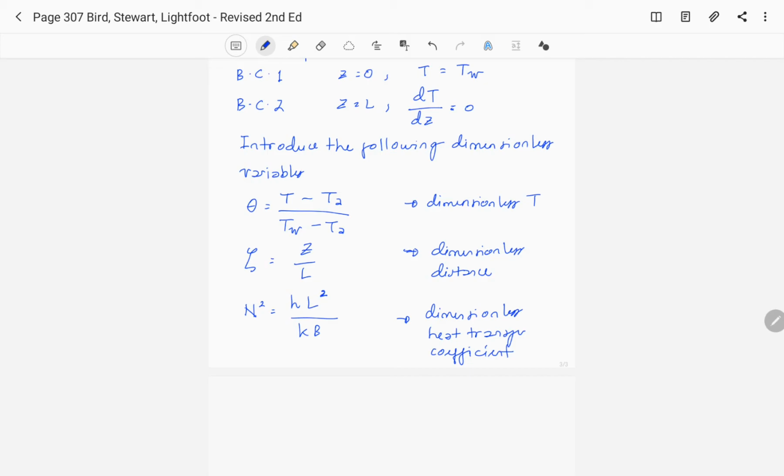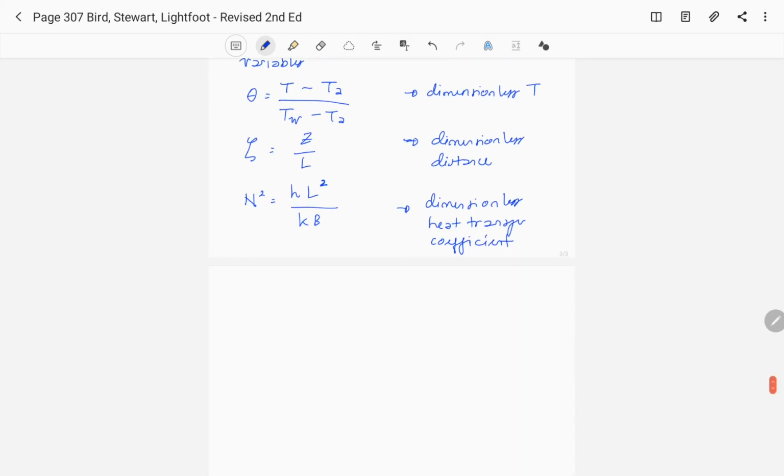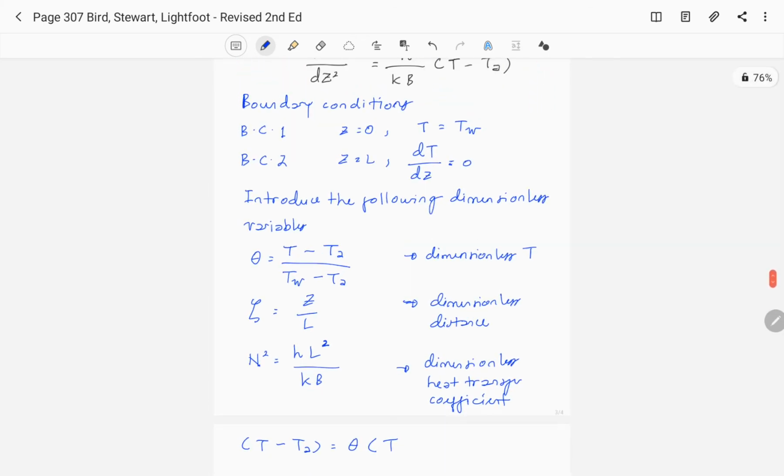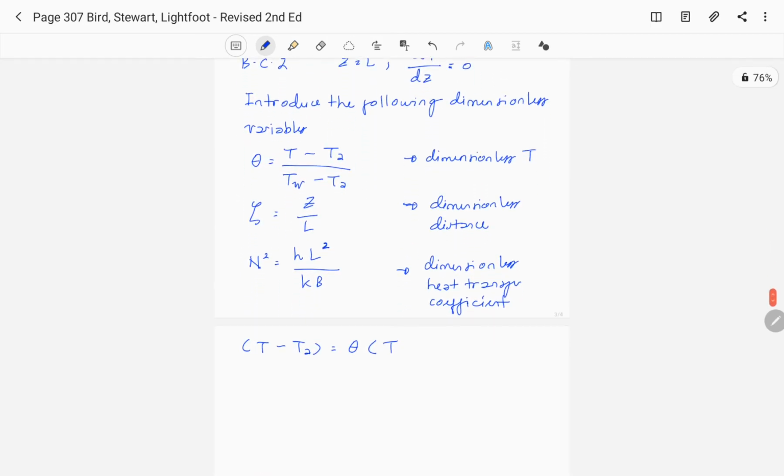Okay, then we can do some operations on these dimensionless variables in order to change the form of the second order ODE into the ODE in terms of the dimensionless variables.